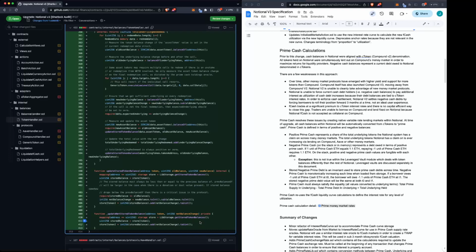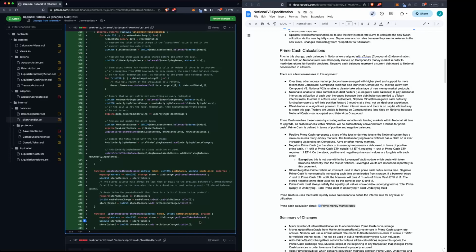So really, this is to guard against the possibility of someone donating tokens, simply transferring tokens to Notional and causing that to change the money market exchange rates. This is an attack that was used against Cream, and it's something that we want to ensure that Notional is guarded against.